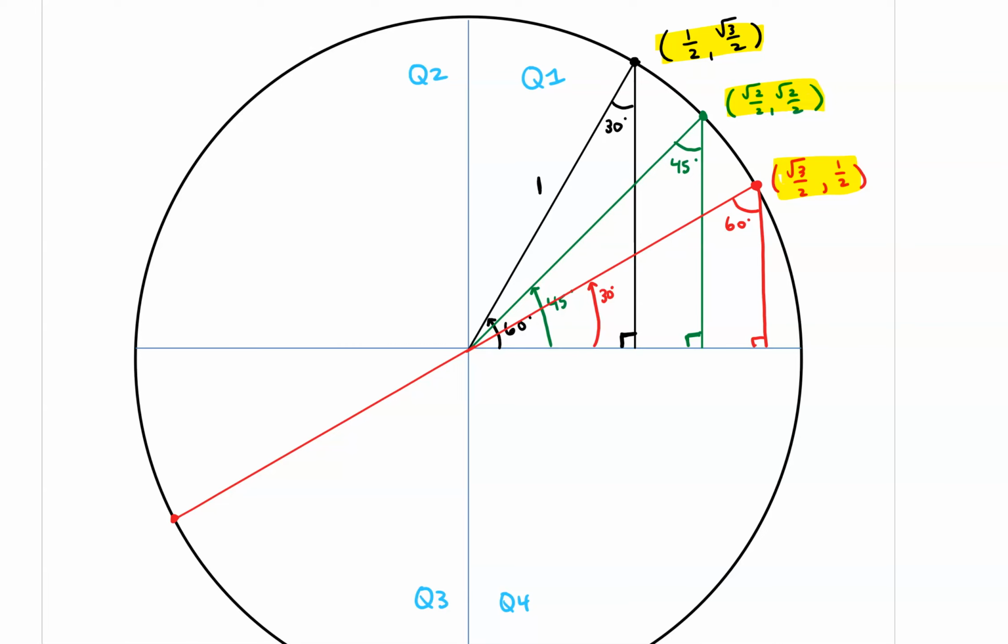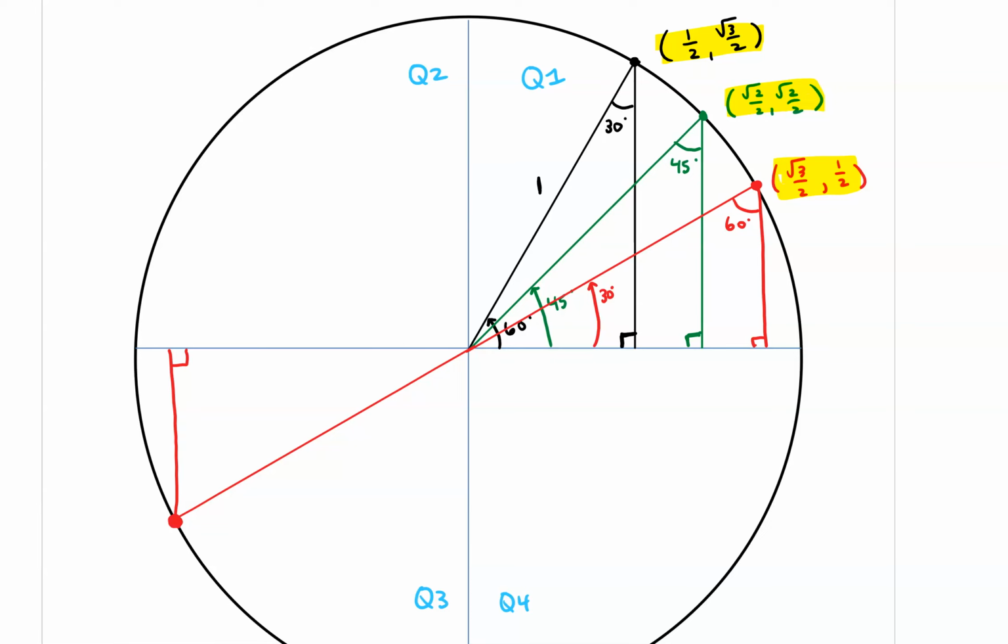So if we extend that line there, that's going to give us a terminal point that is in quadrant 3. And if I drew a vertical line up to the x-axis like that, that would form a right angle. What do you think the coordinates of this terminal point are going to be here?